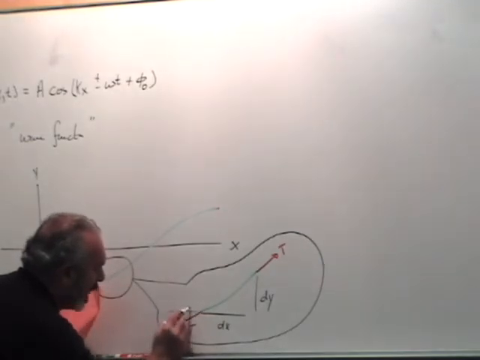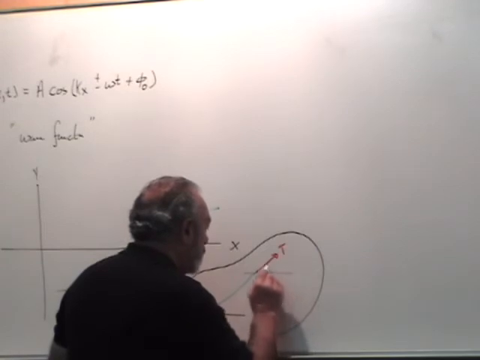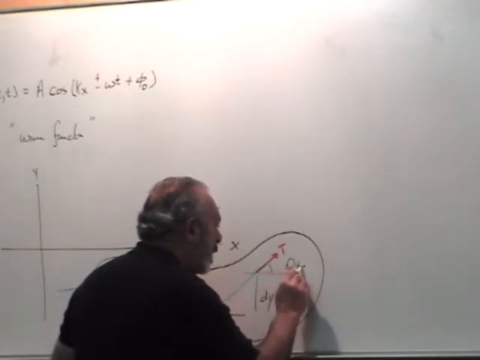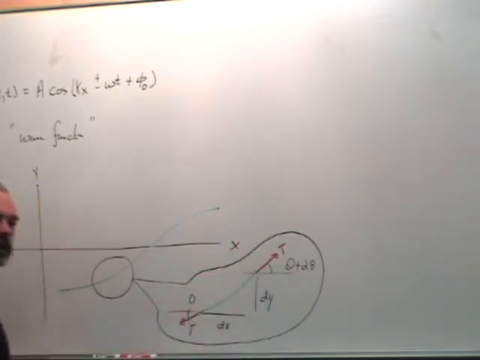He says this is angle theta, and this is angle theta plus d theta. The angles are not quite the same. The two tensions are not oppositely directed, so this is not an action-reaction pair. Of course not. There is a net force on this element of string because of those two tensions.